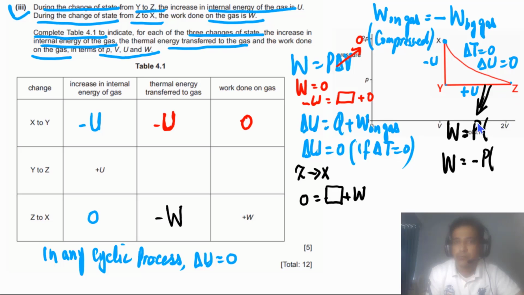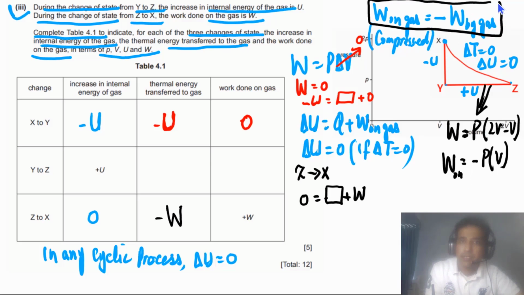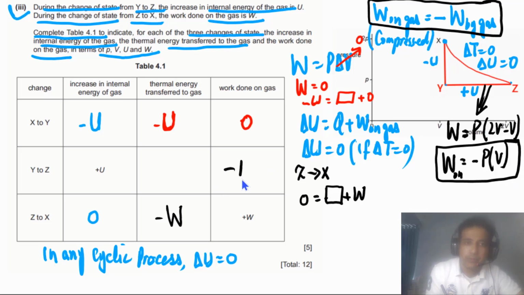The change is 2V minus V, so we get V here. This is work done by gas, which is positive, but work done on gas has to be negative, because work done by gas is equal to negative work done on gas. So this is negative PV, and we can update here: negative PV.